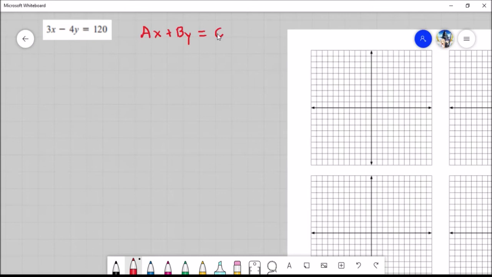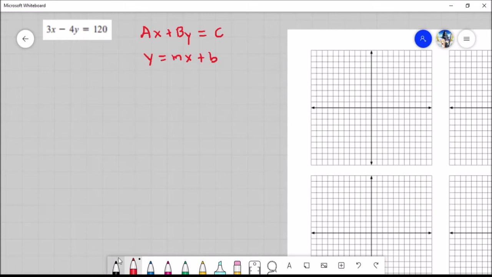So I will need it in another form, which is the slope intercept form. Again, that is y equals mx plus b. In order to get it in this form, I need to solve this standard equation for the variable y.